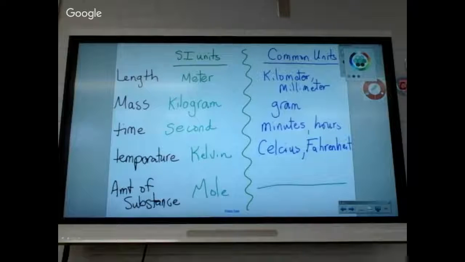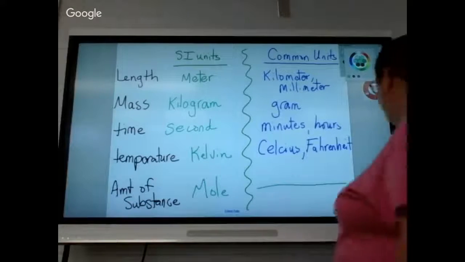Triple beam balance. You can read. It's a triple beam balance. How do we find time? A clock, or a stopwatch, and a temperature. All right. Any of y'all remember metrics?